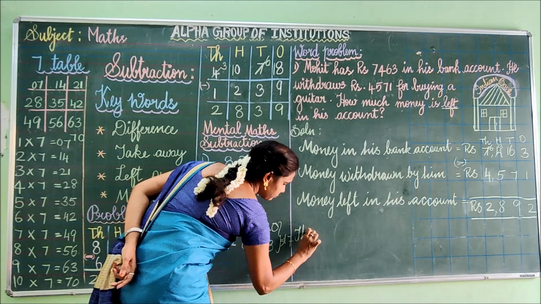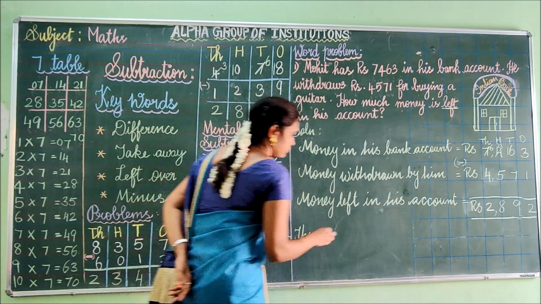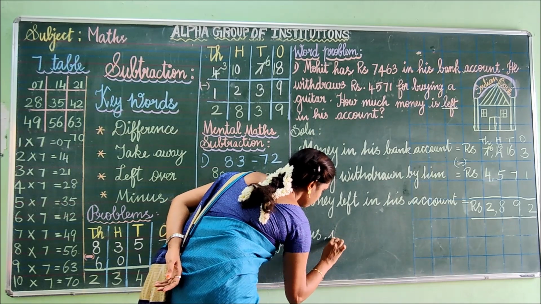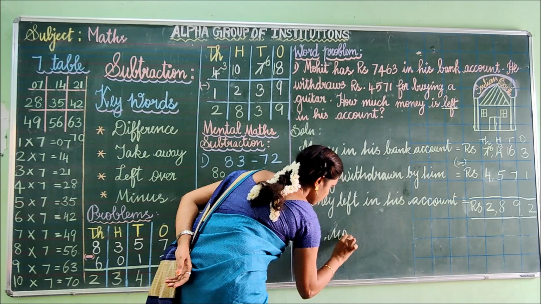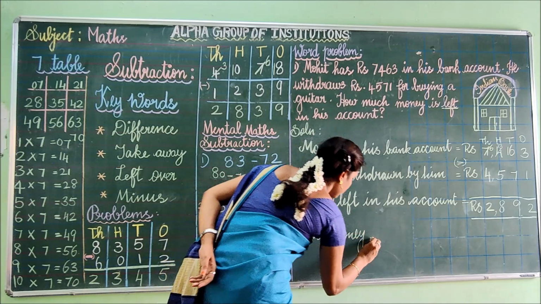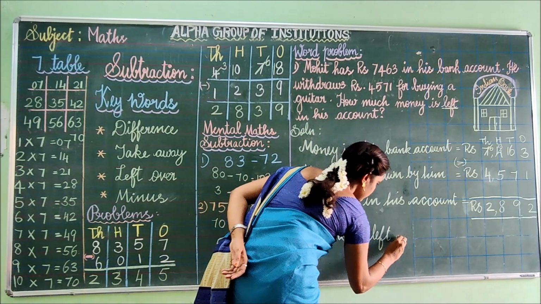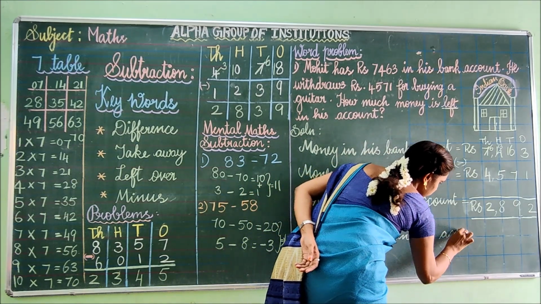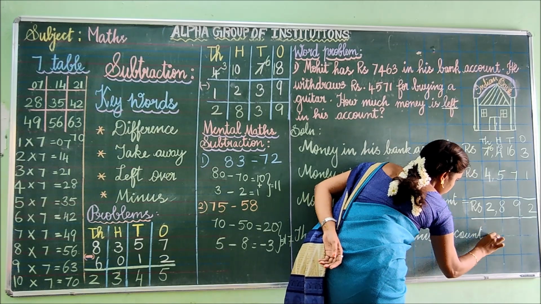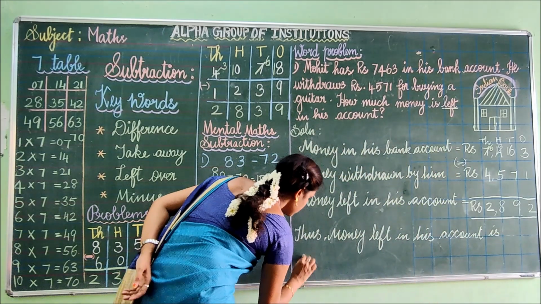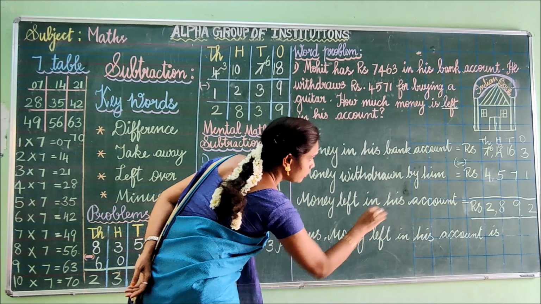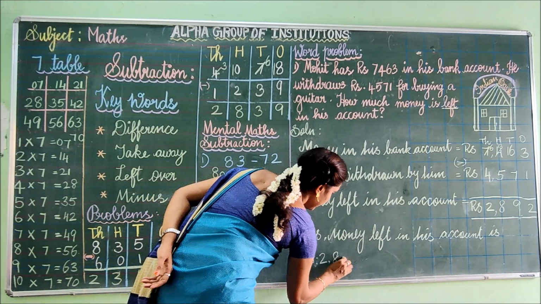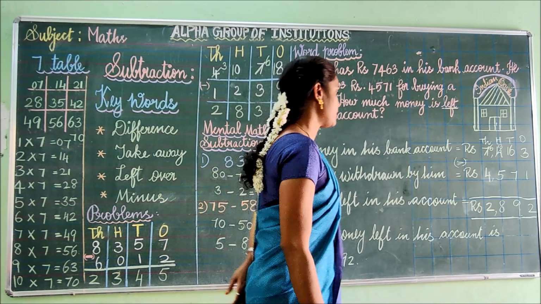Thus, money left in his account is rupees 2,892. Isn't it? Yes, children.